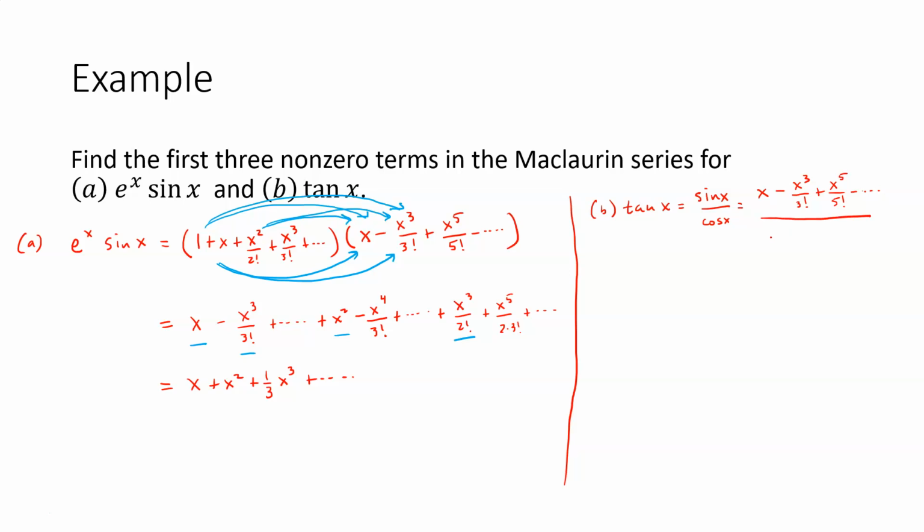And then dividing that by cosine, which starts with 1, and then it's x squared over 2 factorial plus x to the 4th over 4 factorial, and so on. So if we do a little bit of long division here, we can sort of guess what the lower degree terms of this expansion would be. So let's just write out what we think the long division might look like here.